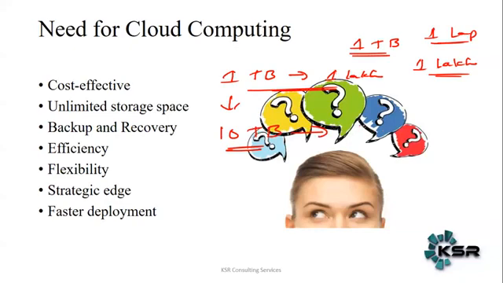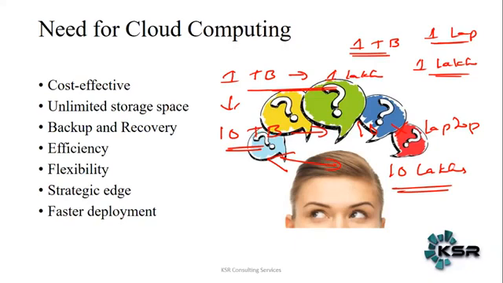What will I do? Very simple. I'll buy 10 laptops. Each laptop costs 1 lakh. So 10 lakhs. I was able to store 10 terabytes with 10 laptops. Can I go with it? Tomorrow my data is increasing to 10 terabytes, I'm going to buy 10 laptops, 10 lakhs, problem solved.